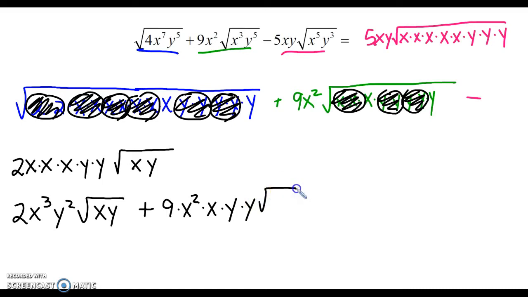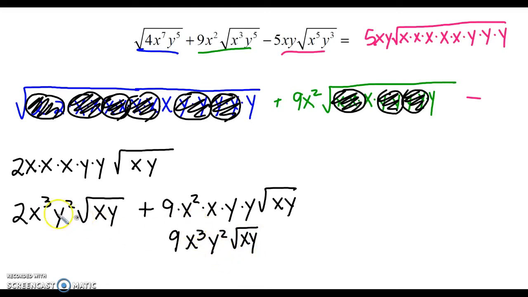And under the radical sign, I'm left with x times y. All right. Now, when you take your x squared times another x, we are going to get 9x to the third. Y times y is y squared, the square root of xy.